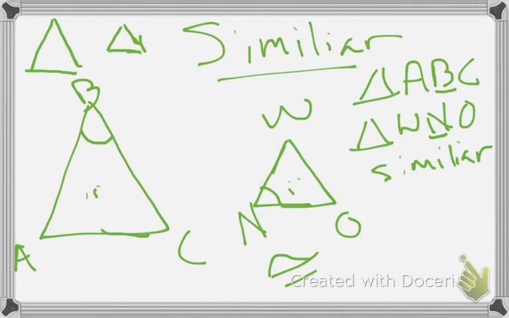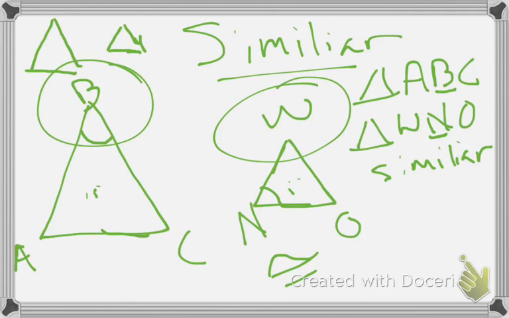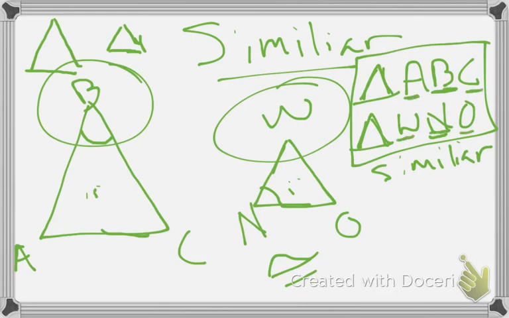If you look, yeah, you might think that B was congruent with W. The thing is, you have to go with what it says here. If it says triangle ABC and triangle WNO, well, B goes with N, W goes with A, and C goes with O. So you got to pay attention to what it tells you.